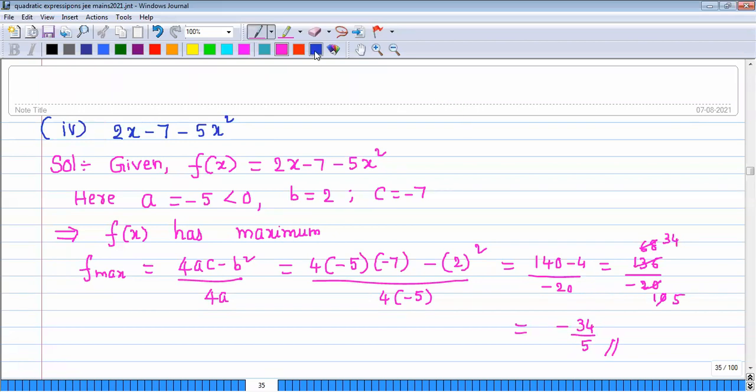Okay, now try this question. So fifth question: 3x square plus 2x plus 11.